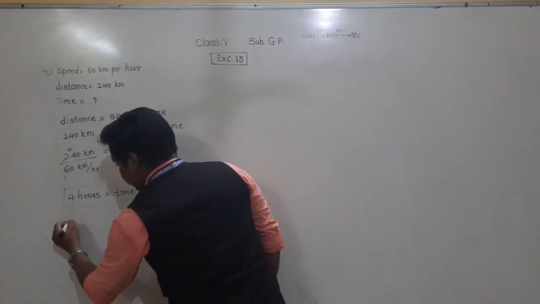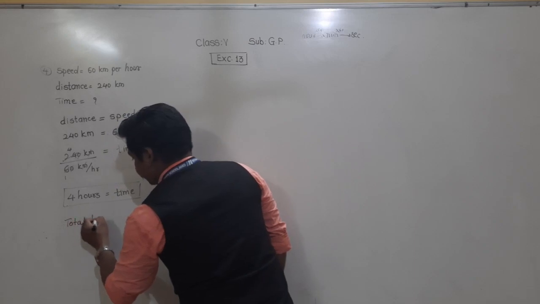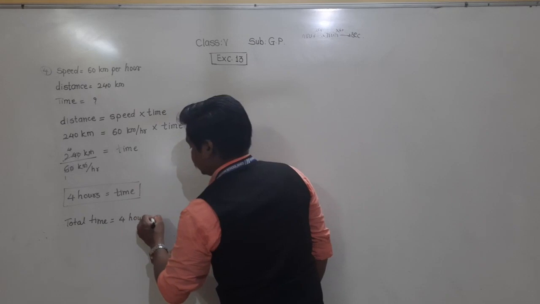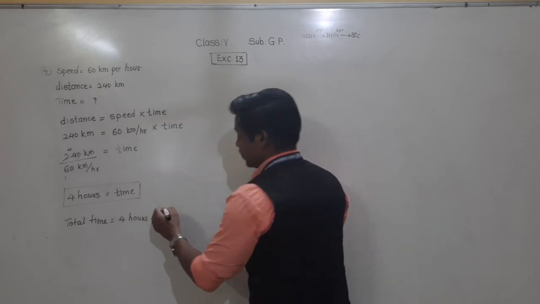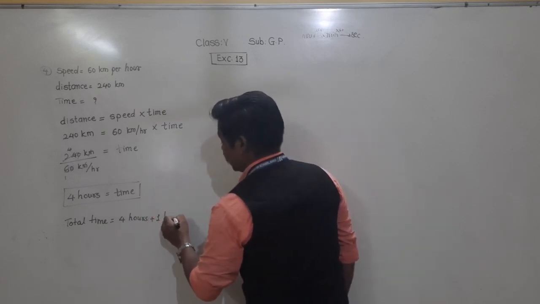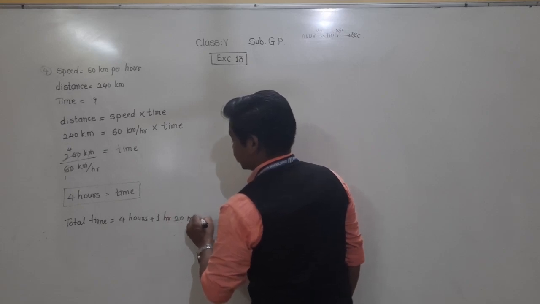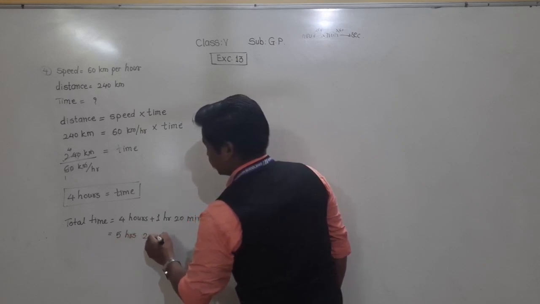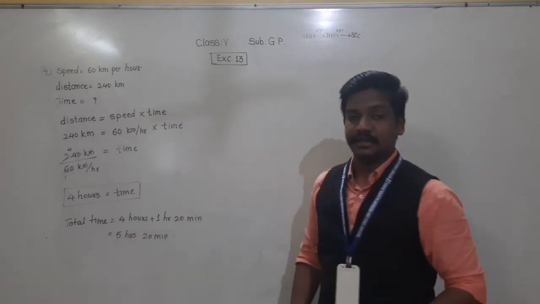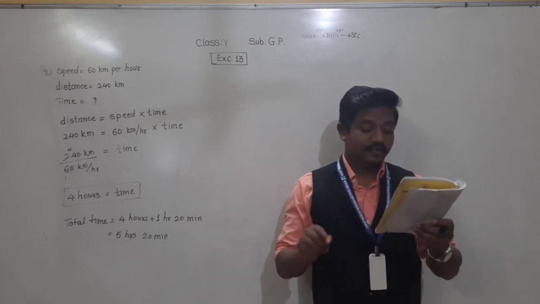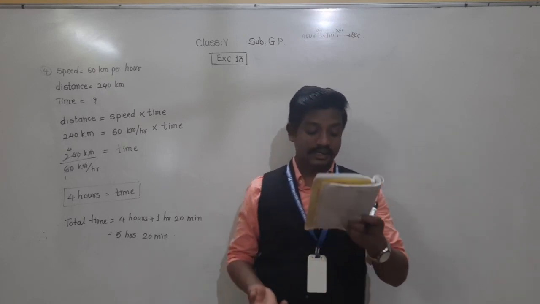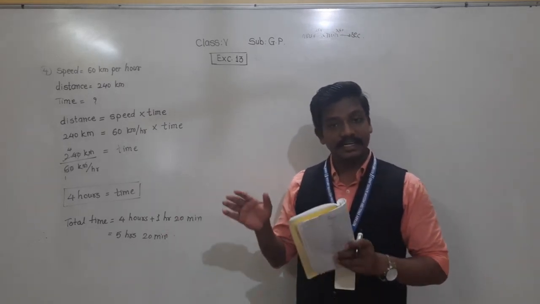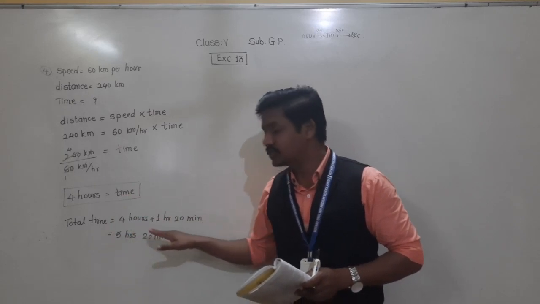So total time is equal to 4 hours plus 1 hour 20 minutes. So total how many? 5 hours 20 minutes. This much time he has taken. Now what is the question? When did he reach the other town? Means at what time exactly? For his journey he took 5 hours 20 minutes.